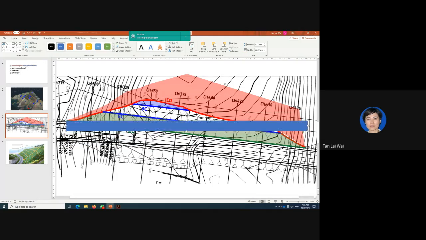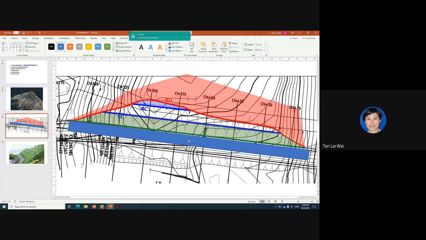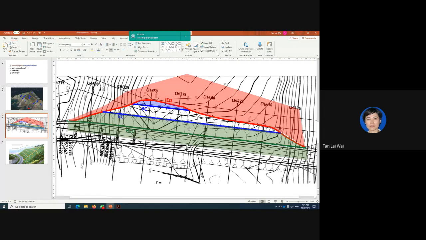Then maybe I put it like that. So this is the area.